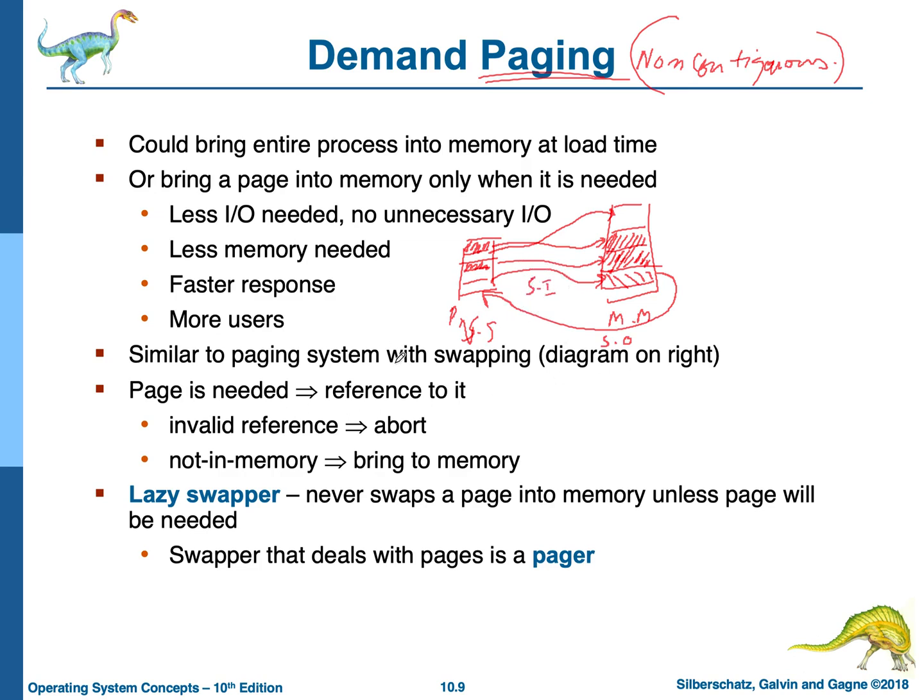So similarly to the paging system, swapping is done here when a page is needed. If the page is found in the main memory, then it is a valid page. If the page is not found in the main memory, then it is an invalid reference.